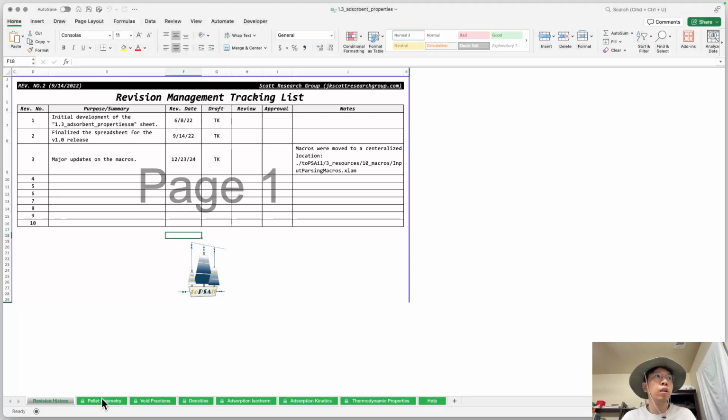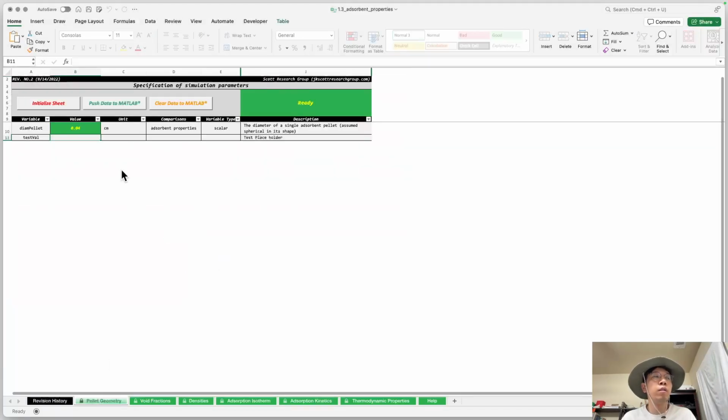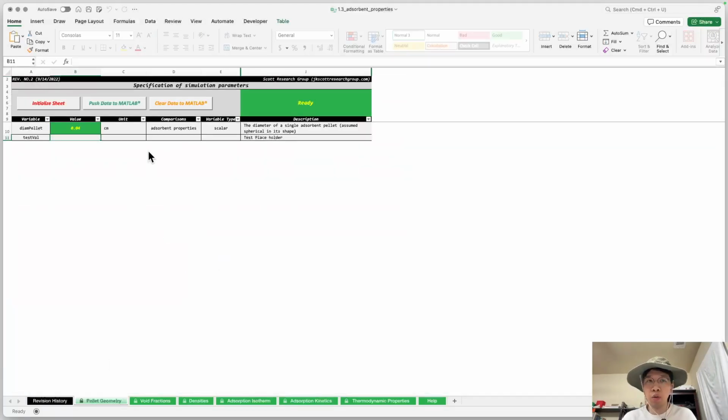Typically these adsorbents consist of pellets, which are made out of adsorbent particles that have the capacity to hold these gas molecules on their surface or within their micropores, and a binder to hold these together in certain types of geometry, such as a cylinder or sphere.